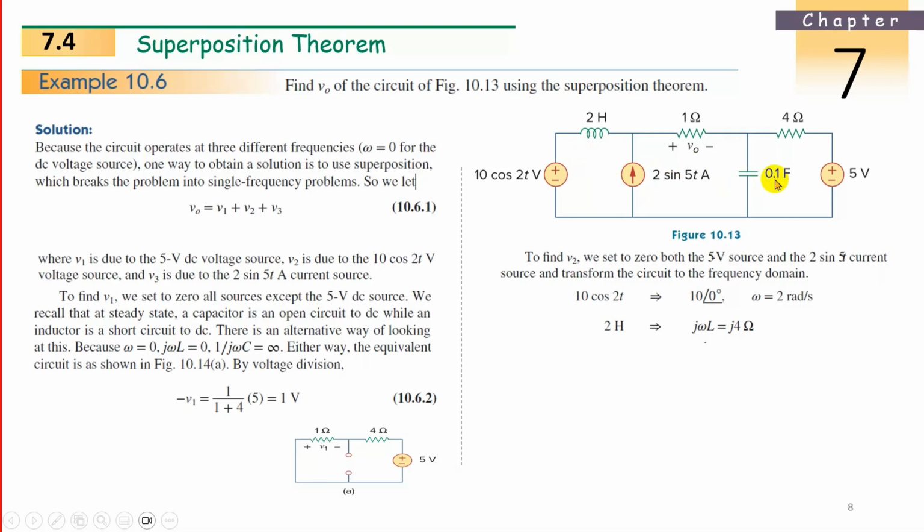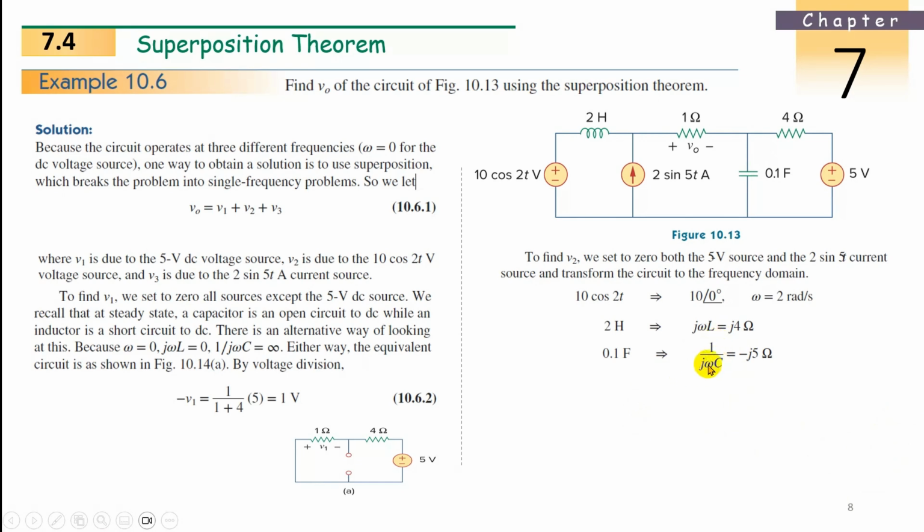Now capacitance 0.1 farads. Its equation is minus j divided by omega C. What is omega? 2. So this becomes 2 into 0.1, which is 0.2. 1 divided by 0.2 is 5. So it becomes minus j5, because I am taking j upwards, so multiply and divide both sides, up and down.